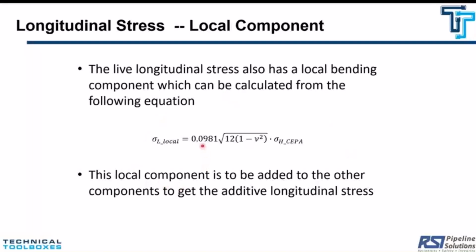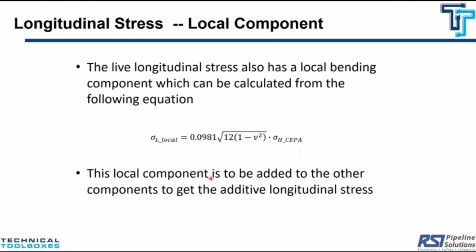In this equation, 0.981 is just a constant from elasticity theory, and then under the square root we have 12 times open paren 1 minus nu squared. This nu is the Poisson ratio of the pipe, right? For a steel pipe, that's around 0.3. So that's for local stress.